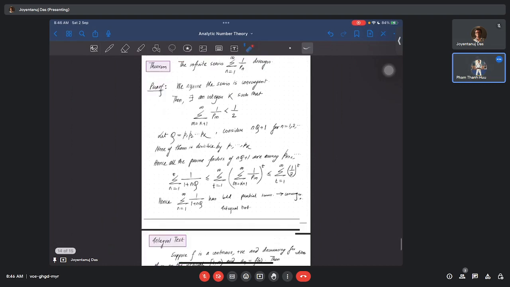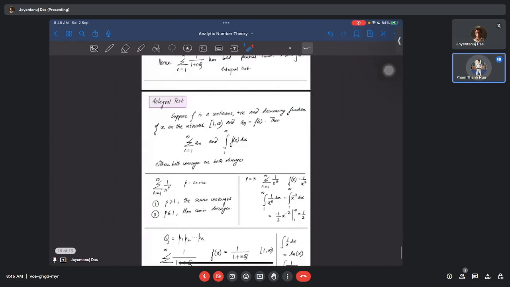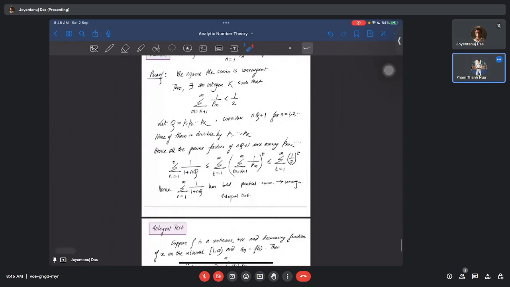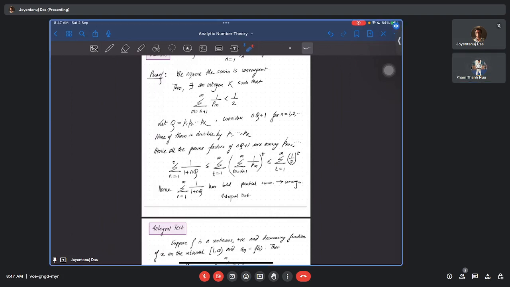Except the integral test, what are the other tests for series? Yes, there are many tests. For example, let me think about it. There is something called the comparison test, limit test, ratio test, root test.